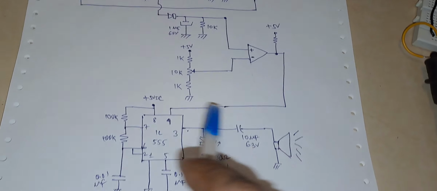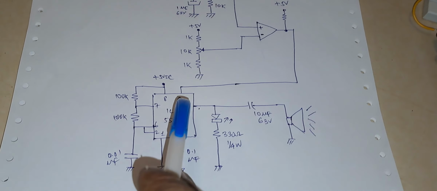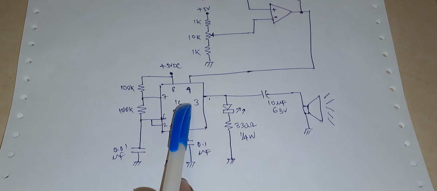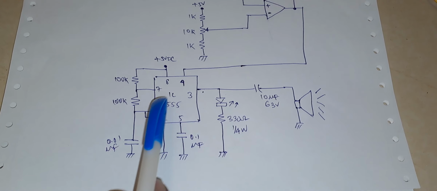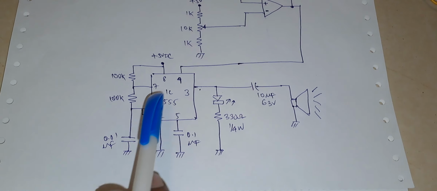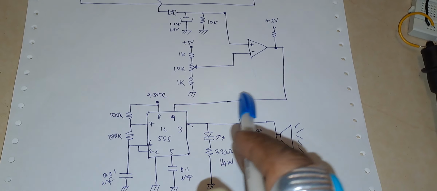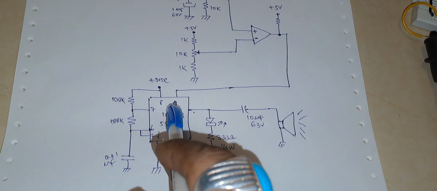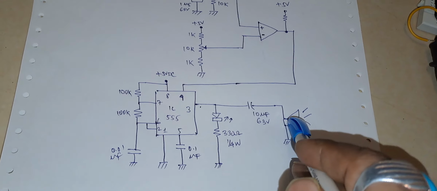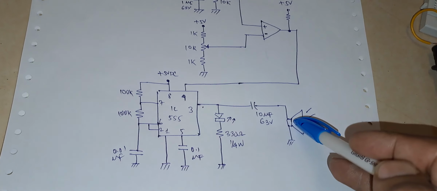And finally we are giving a command to this 555 timer IC. You can see this is a 400 kilohertz audio tone generator circuit. Whenever there is a metal presence, this voltage will be 1 and it will give a signal here, and we will be able to hear sound on the speaker.